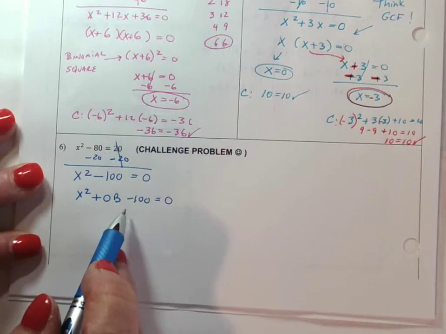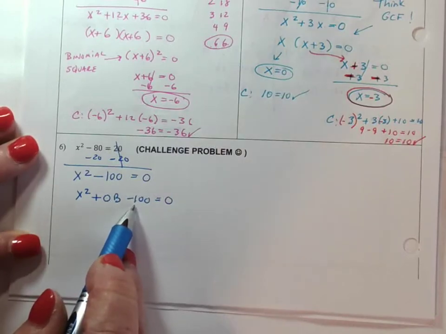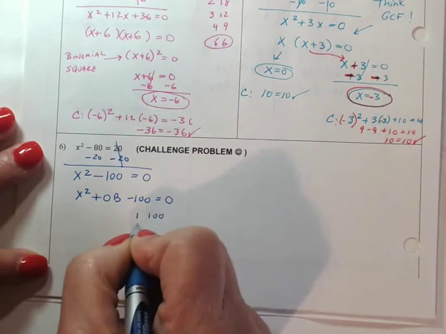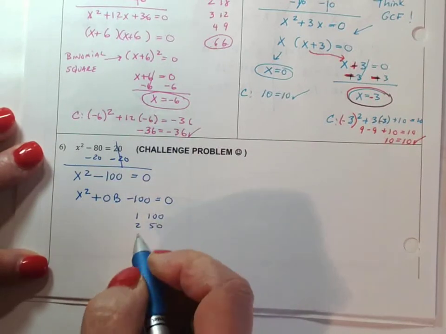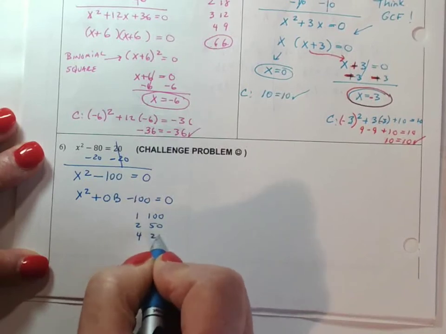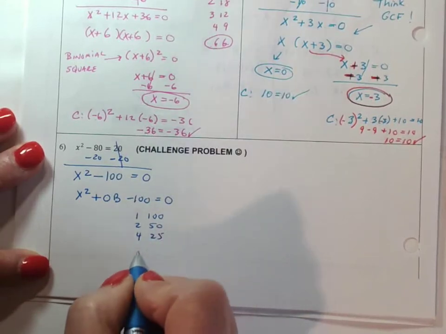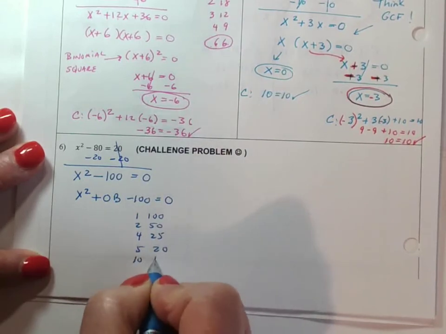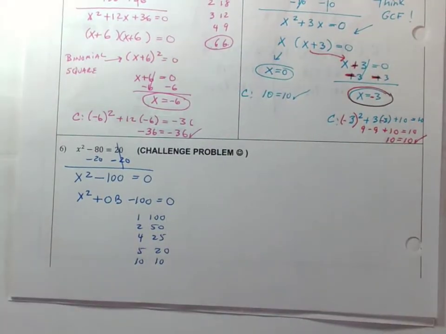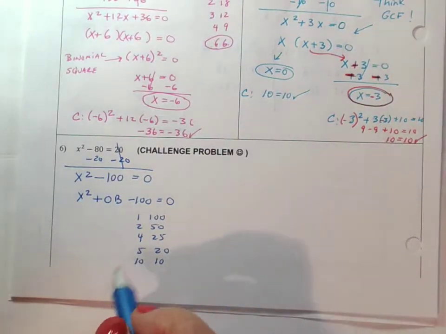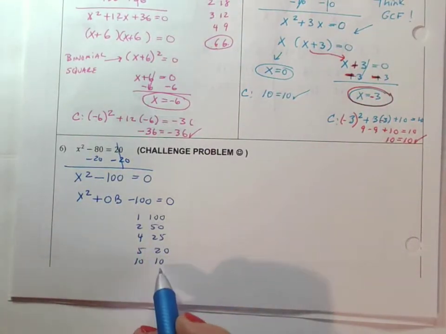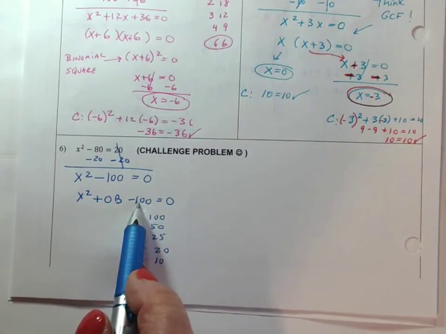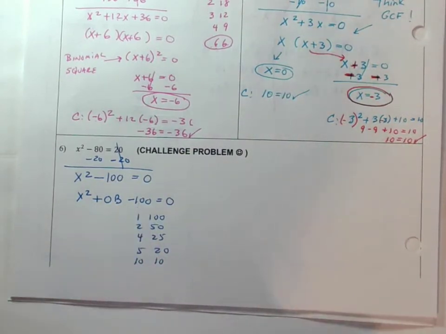Right? So now my factors of 100 are 1 and 100, 2 and 50, 4 and 25, 5 and 20, 10 and 10. So I need to find the correct pair that I multiply that's going to give me negative 100 and adds to 0.